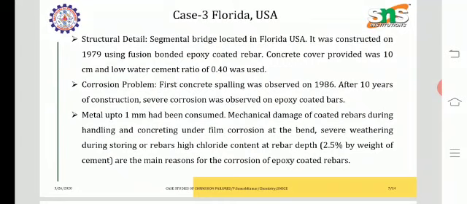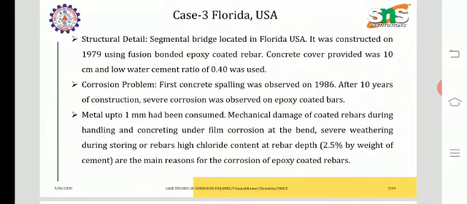But the problem is that the first concrete spalling was observed in 1986. Within 7 years of life, the concrete spalling appeared, after 10 years of construction. Severe corrosion was observed on the epoxy coated bars, and metal up to 1 millimeter had been consumed.